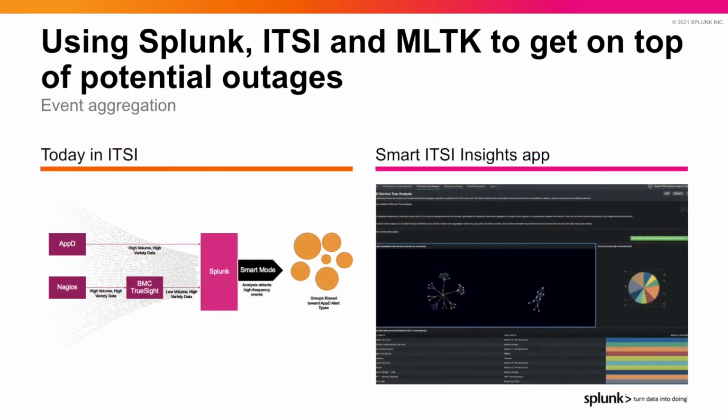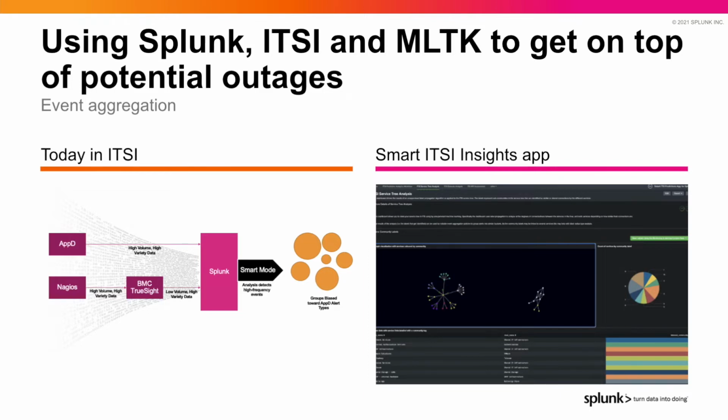The second area that we sometimes come across is customers trying to use smart mode. And while this can be a great way of generating episodes from your event data, there are certain situations where the logic in the algorithm can cause some events to be missed or potentially not prioritized.